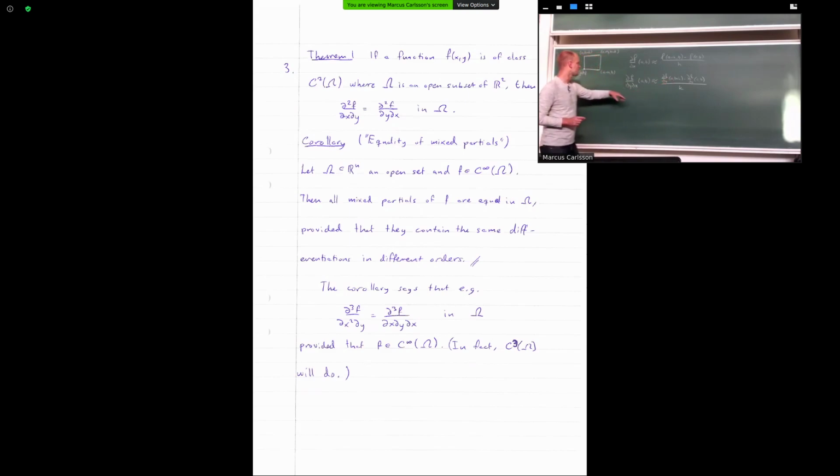Just with the same logic as before. So now I went here, b plus k, subtracted this, and divided by k.